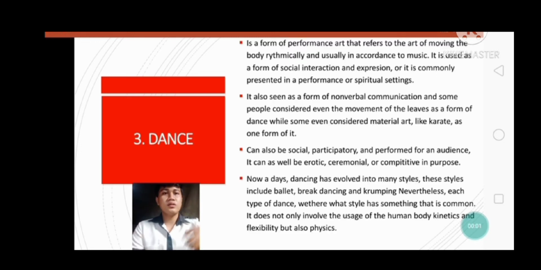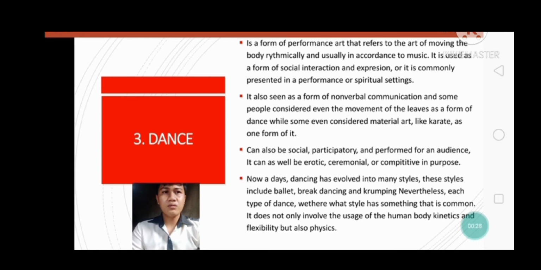So next is number 3, dance. Dance is a form of performance art that refers to the art of moving the body rhythmically and usually in accordance with music. It is used as a form of social interaction and expression, or it is commonly presented in performance or spiritual settings. It is also seen as a form of nonverbal communication.